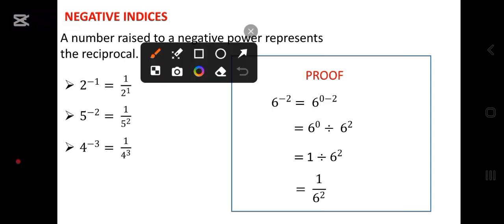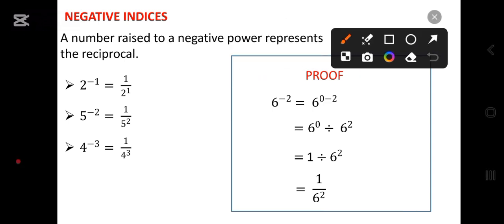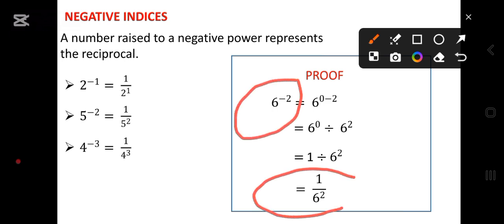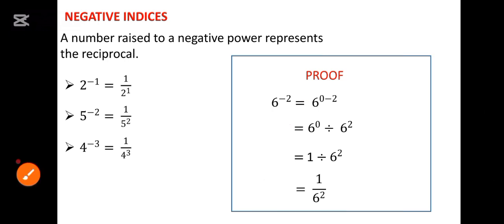So, according to the proving, we discover that 6 raised to power minus 2 will give us 1 divided by 6 raised to power 2. That is how we prove the negative indices. So let's move on to another law now.